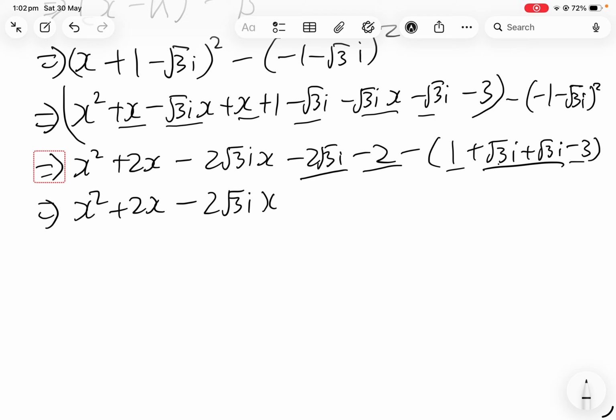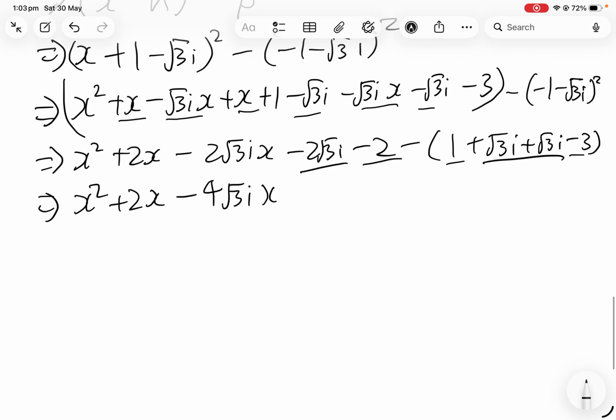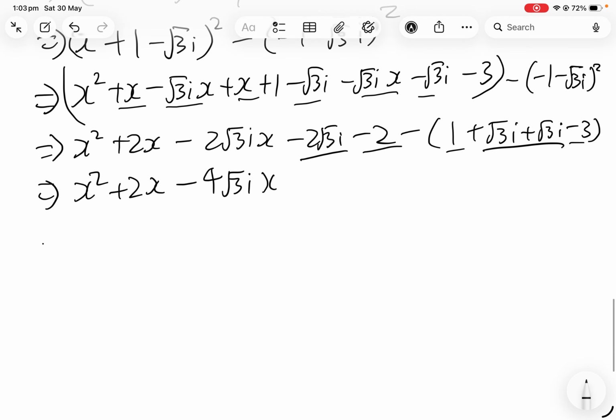Oh, because at least this is still 2. This will be, because this is adding, so it's 2, and it'll be minus, so it'll be minus 4. My bad. Yeah. And then plus the other one, minus 2, it does cancel out. So that's it for the answer.